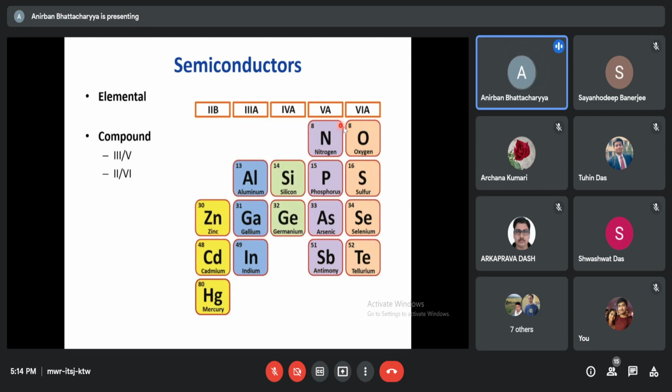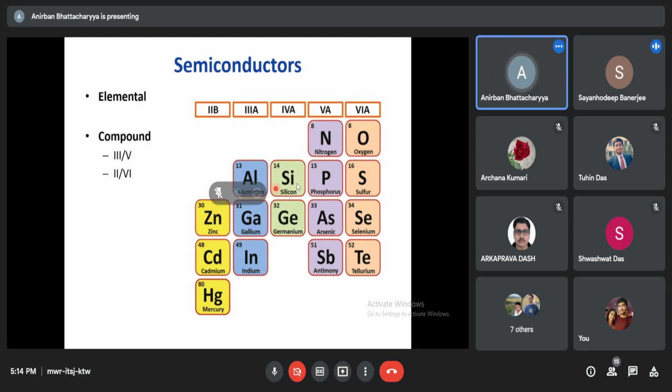Similarly, what is this? Zinc oxide. So this is an oxide semiconductor. And of course, there are also magnesium oxide and others. So these are oxide semiconductors. And this is what?